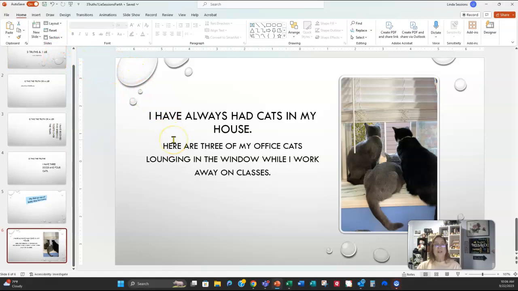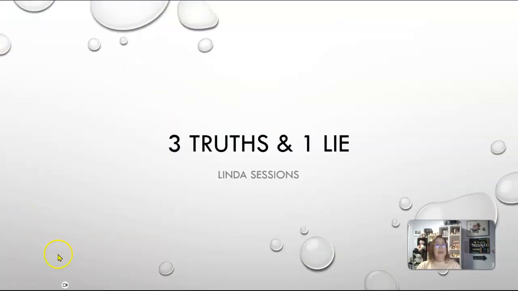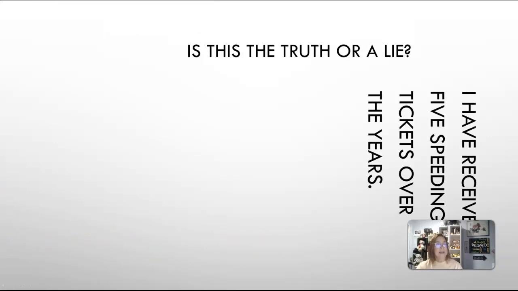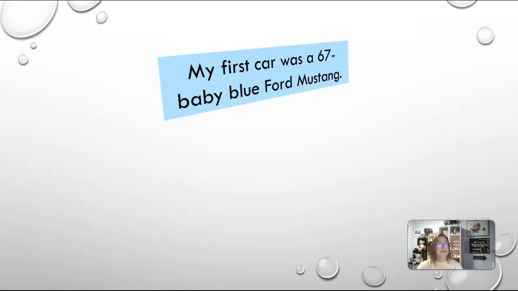If I want to look and see how my presentation is going to look, I'm going to come up here to Slideshow, from beginning, and I can now just click with my mouse key, and I can look, and I can check my spelling, and I can make sure that everything is looking how I want it to look.